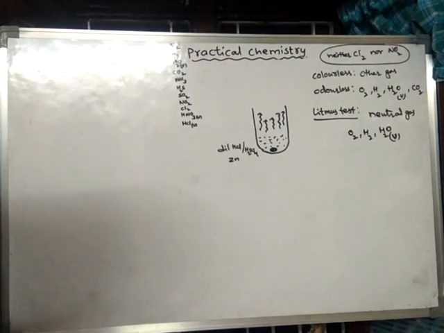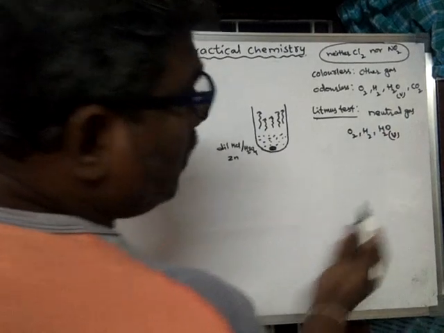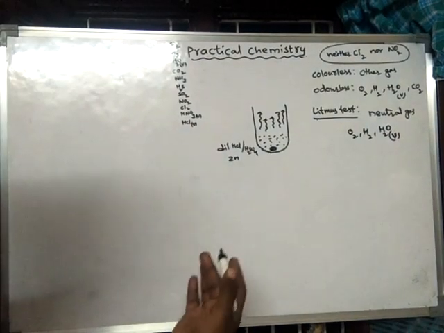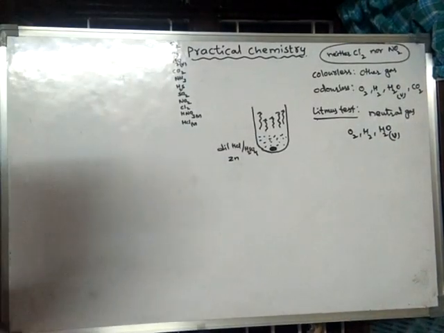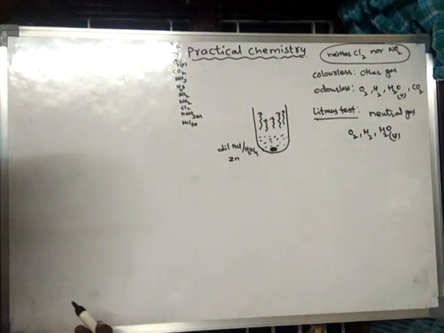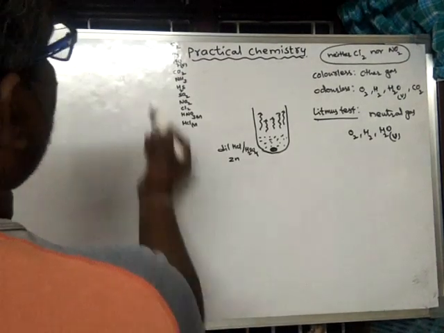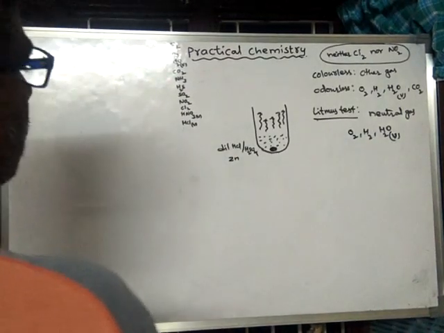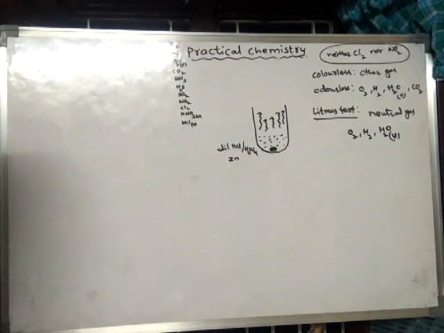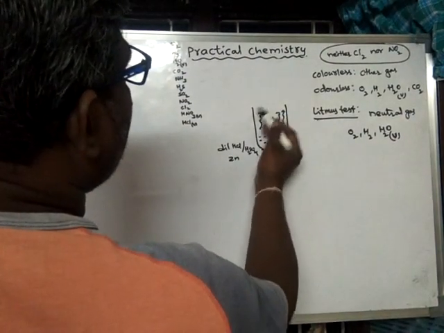It turns blue litmus paper red. But here the gas is not showing any change in the color of the litmus paper. That means it is neutral towards litmus. Only these three gases are neutral gases. Next, what is the next step? From this we could not identify exactly what this gas is.